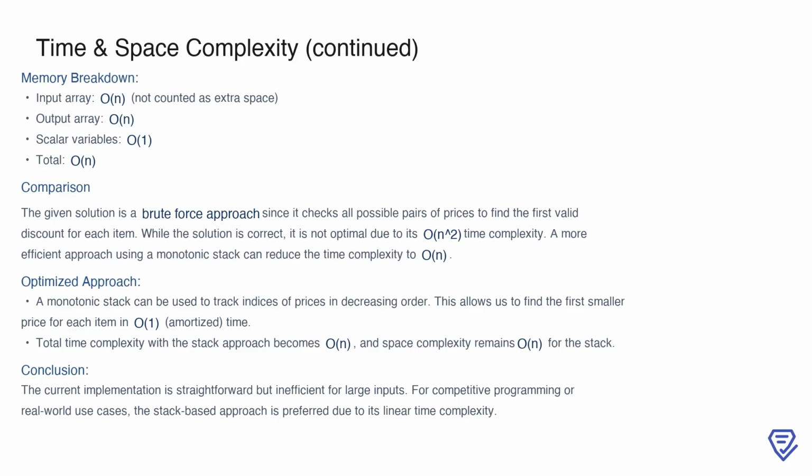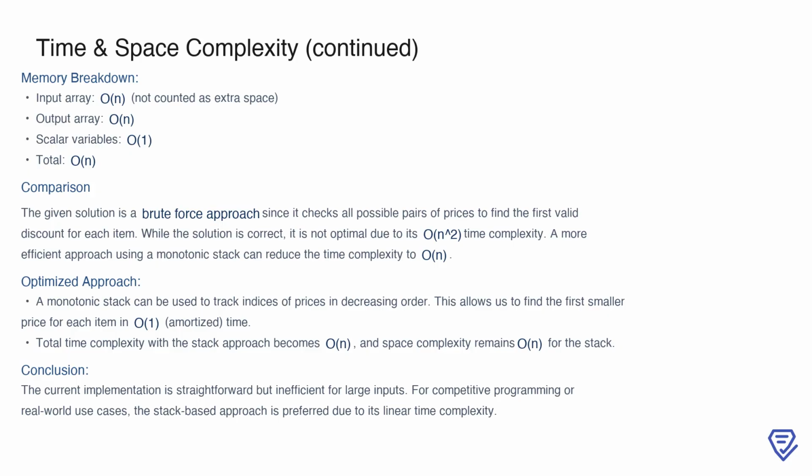Breaking down memory usage further, the input array itself is O(n), but since it is already provided, it does not count as extra space. The output array, however, requires O(n) additional space to store the final prices. Scalar variables, such as the loop indices and the n variable, contribute just O(1) space. Combining these, the total space complexity is O(n).